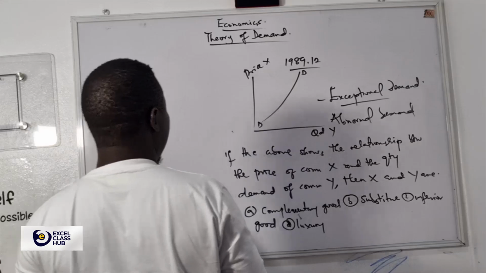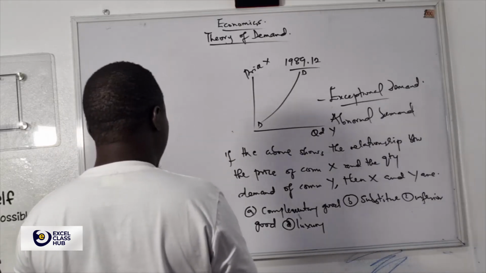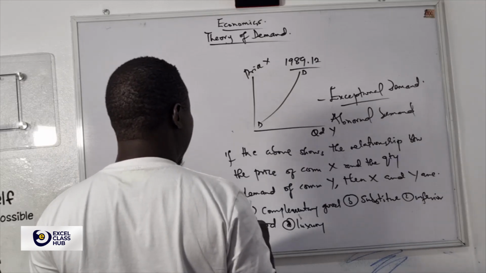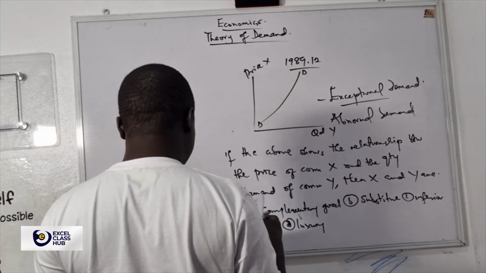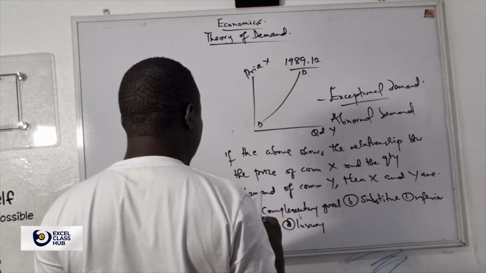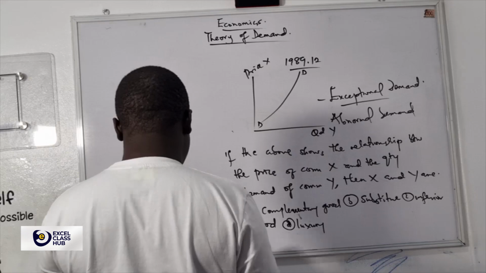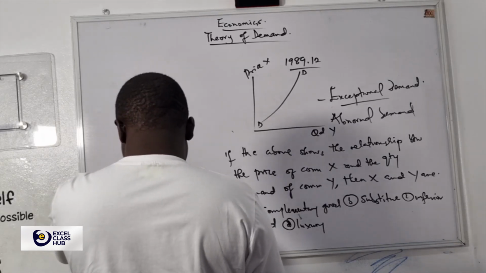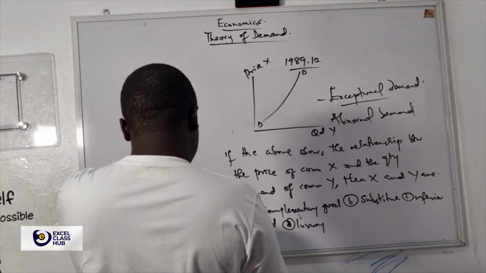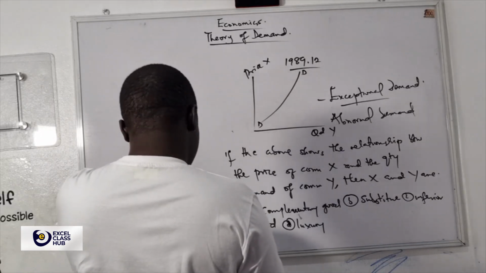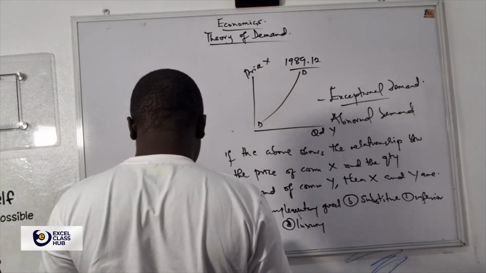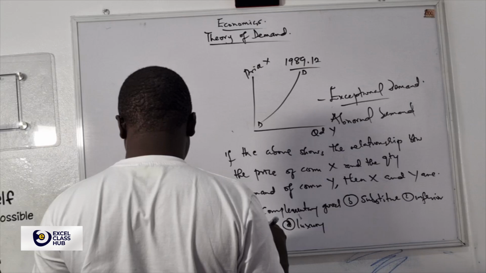If the curve above shows the relationship between the price of commodity X and the quantity demanded of commodity Y, then X and Y are: option A, complementary goods, option B, substitute goods, option C, inferior goods, and option D, luxury goods.